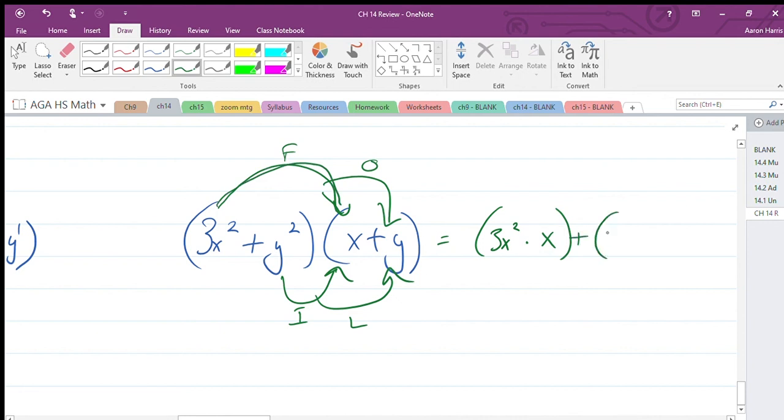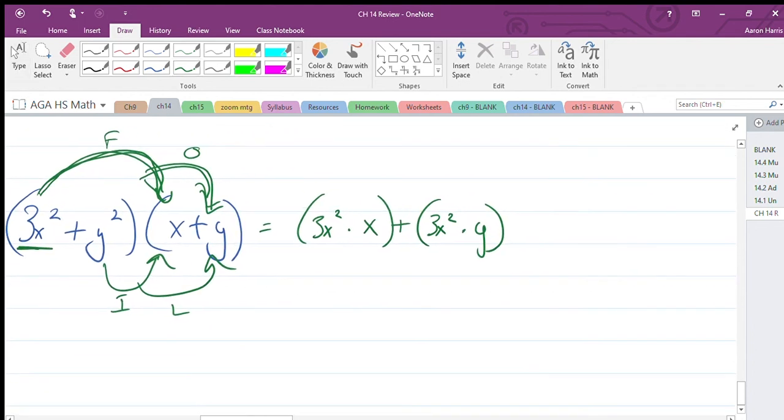Add to it 3x squared times y. Notice I take the first one and I multiply it by each term. Then I add to it the second term. So y squared multiplied to the x plus y squared times y. So the second term, and I multiply it to each term in the second binomial.